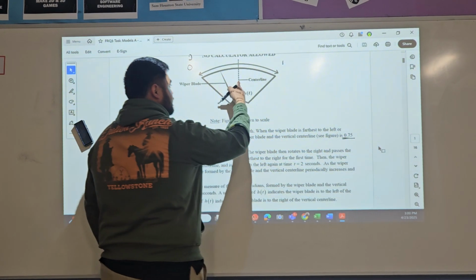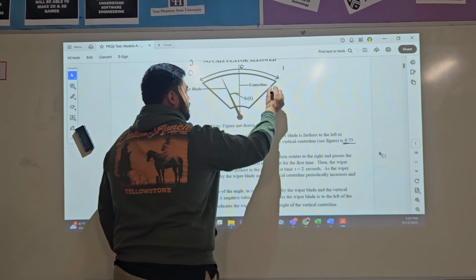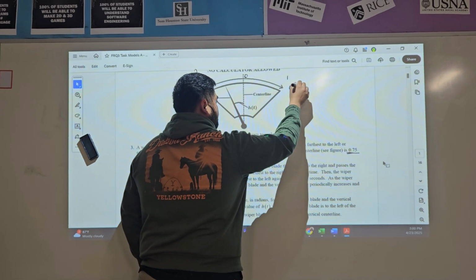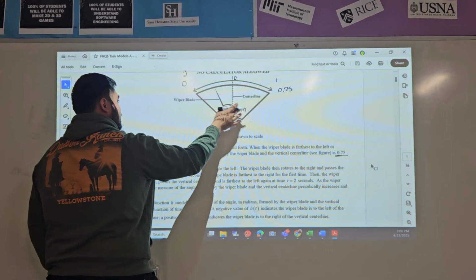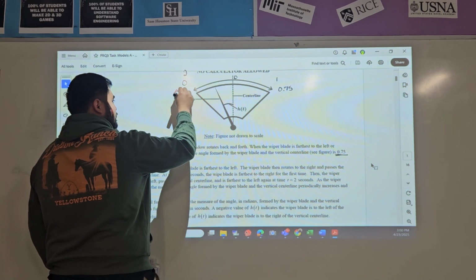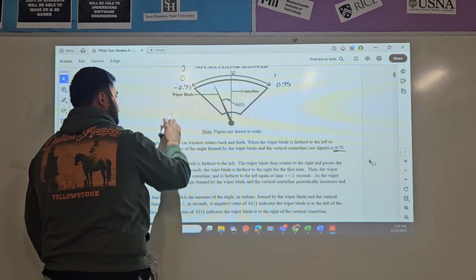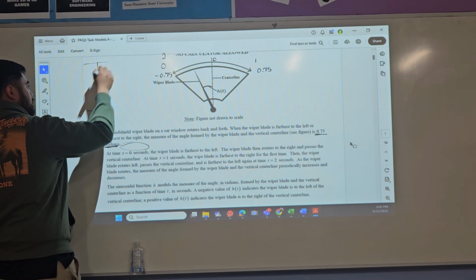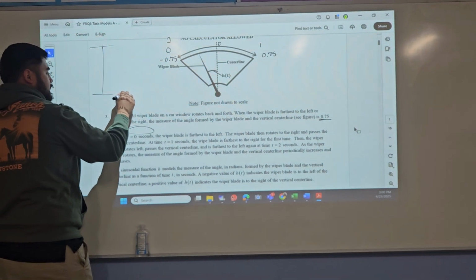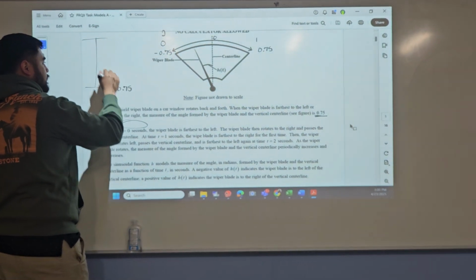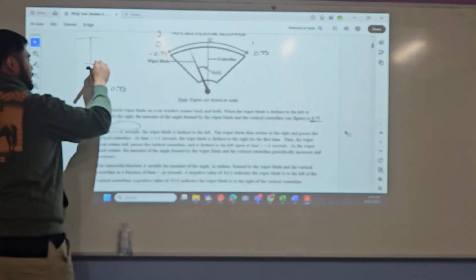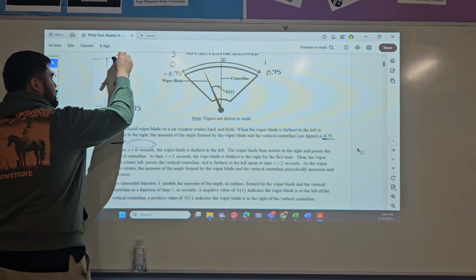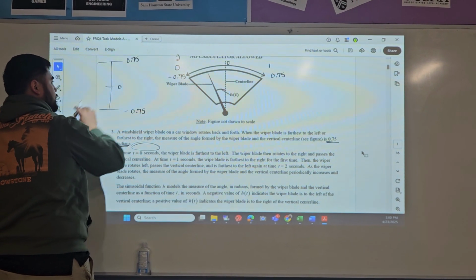From the center point, if this is considered 0, this is going to be positive 0.75 radians, and farthest to the left is going to be negative 0.75 radians. So if you want to think about this, think about it like up and down. Negative 0.75. Midline, we already agreed that is 0. And then you're going to go to positive 0.75.